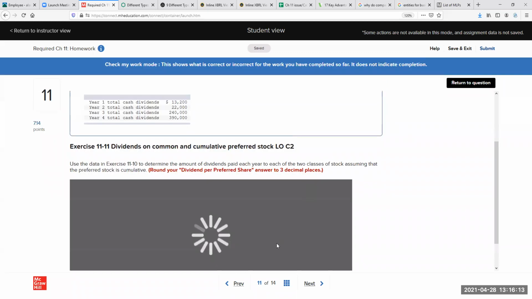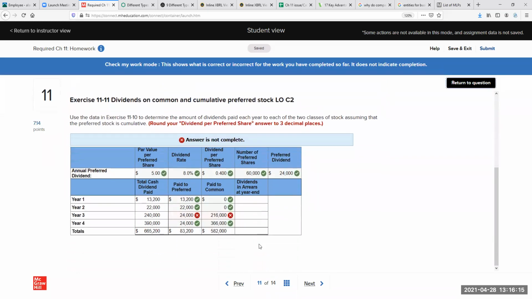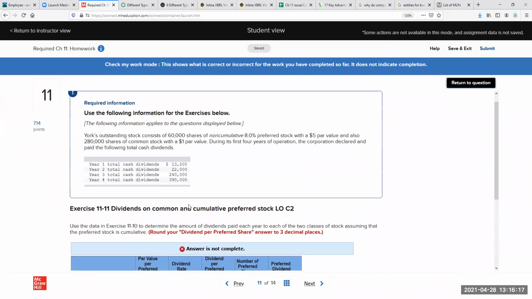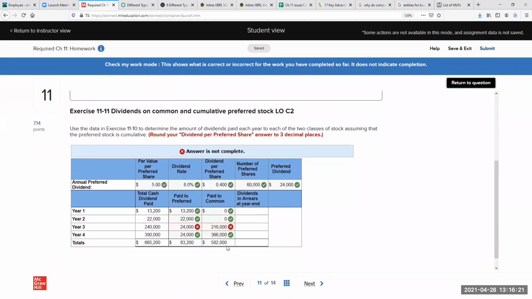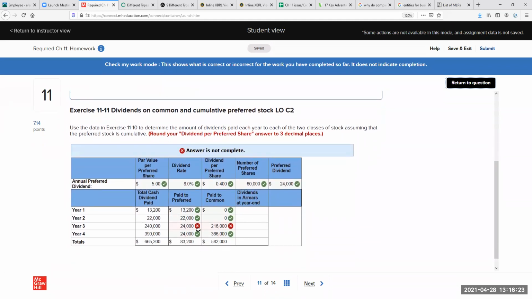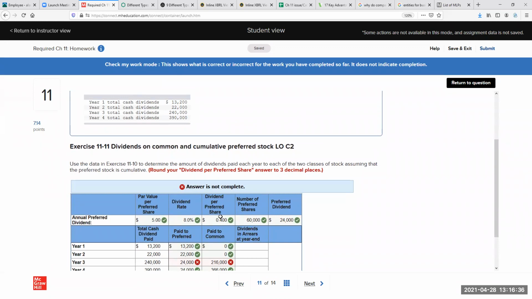Let's see, where am I thinking wrong here? Let's see how much you owe them. 24. So here, you owe them the 24 and 216. Well, I don't think so. I don't think I'm wrong, because that's what you get.